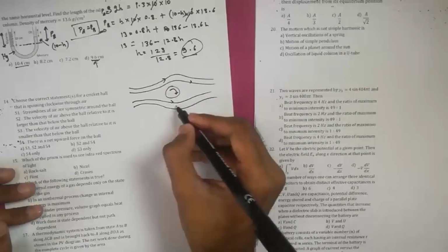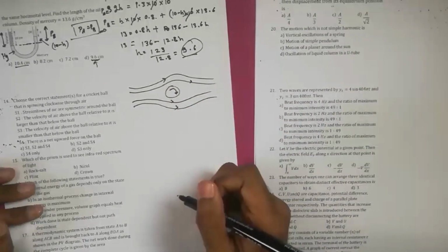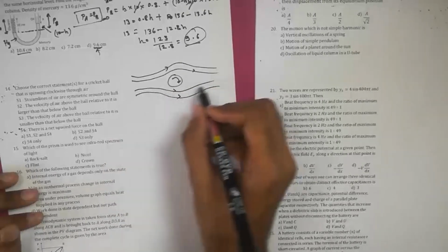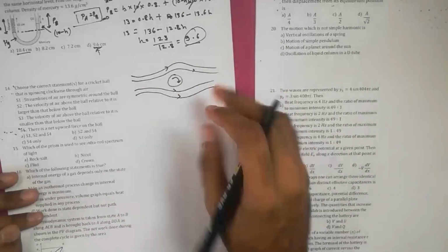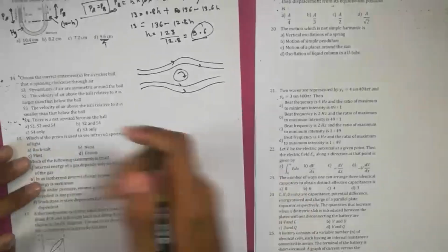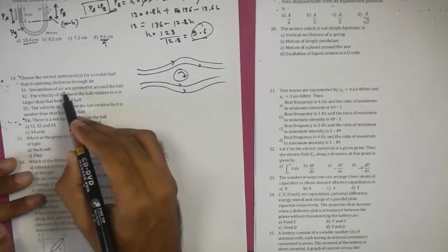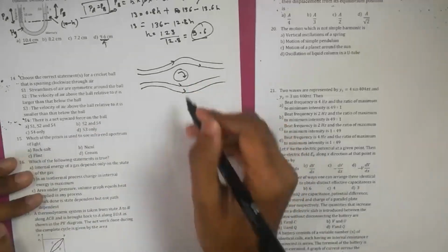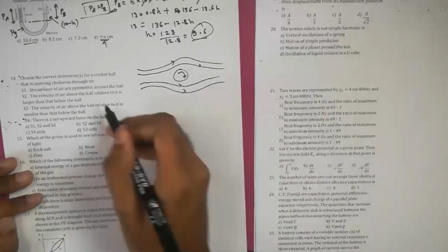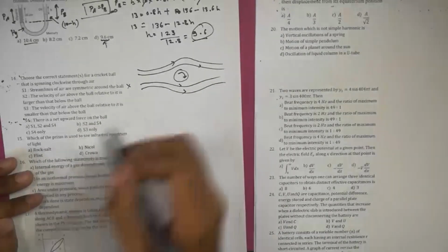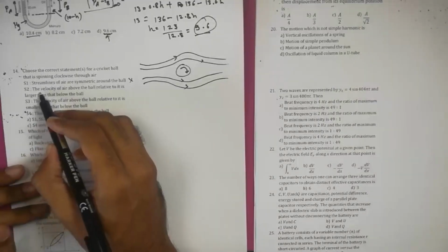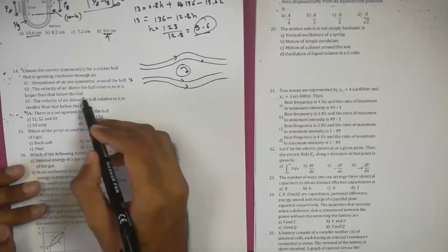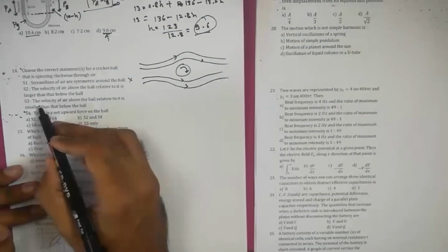Streamlines of air are symmetric around the ball. Okay, fine, it is not streamline but almost, but we cannot consider this one. We'll see later why. The velocity of air above the ball relative to it is larger than that below the ball. Okay, we need to see that. The velocity of air above the ball relative to it is smaller than that below, okay, just opposite. There is a net upward force on the ball. Now, which one is more correct?